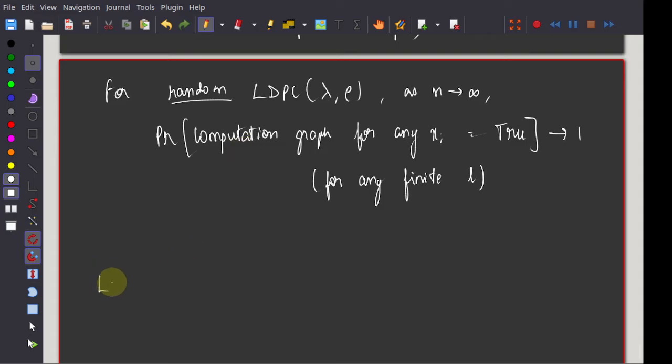Now since we fixed L, analyzing the performance of a random LDPC code over the BEC essentially involves analyzing the computation graph.